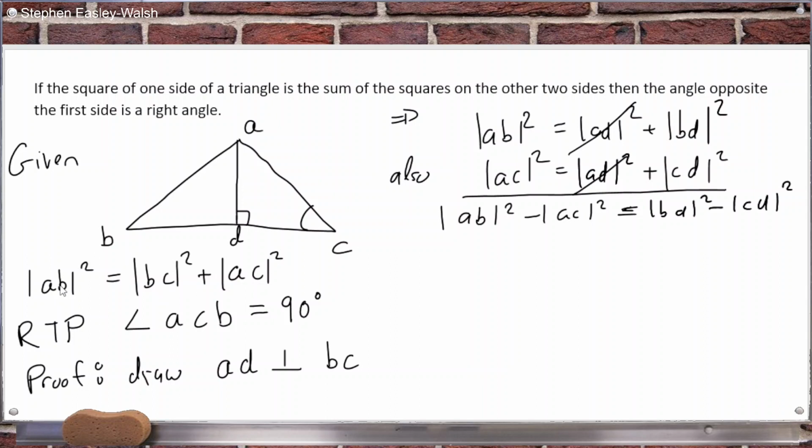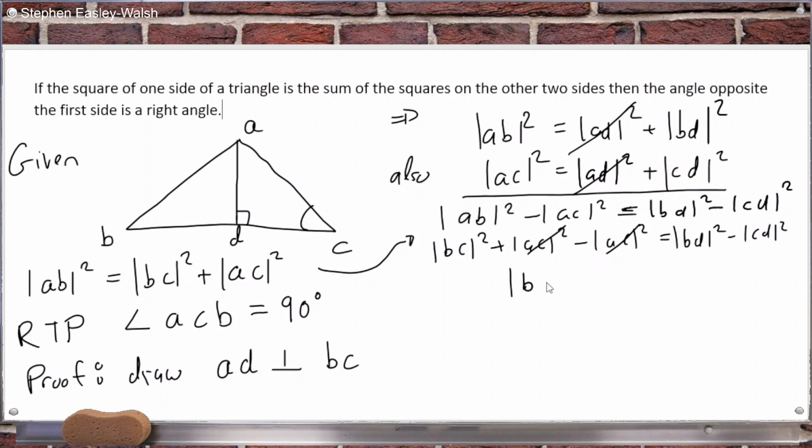But just remember what AB squared is. So if I put that in here, I'll get BC squared plus AC squared minus AC squared equals BD squared minus CD squared. So they cancel.